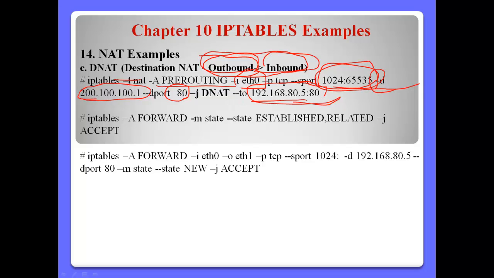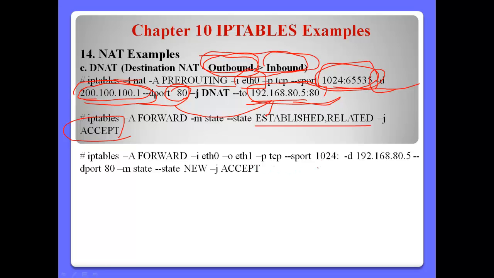So all packets to this public IP address and destination port will always be forwarded here. Iptables FORWARD, and after that, the module state ESTABLISHED,RELATED and these kinds of things must be accepted as well.